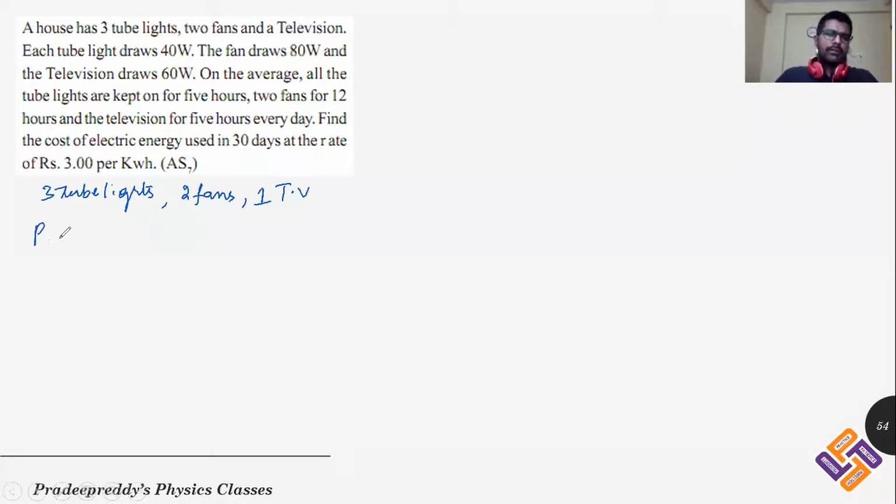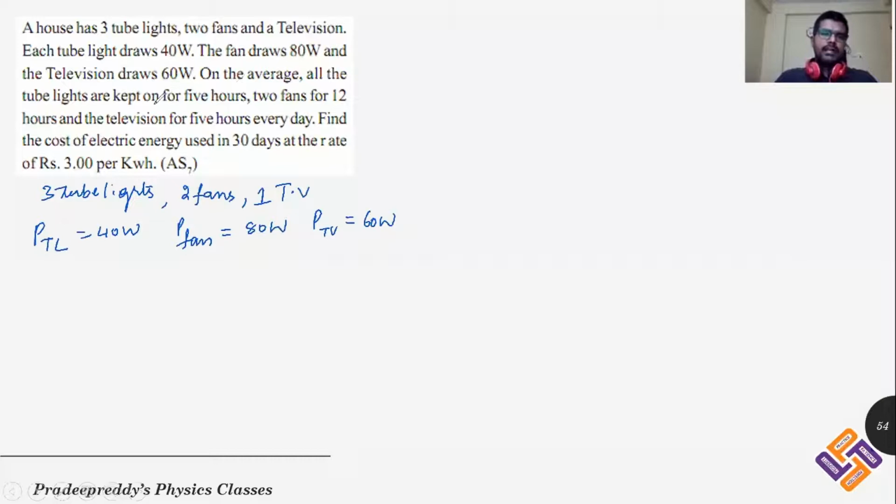Power of tube light is given as 40 watt, power of fan is equal to 80 watt, and power of television is equal to 60 watt.